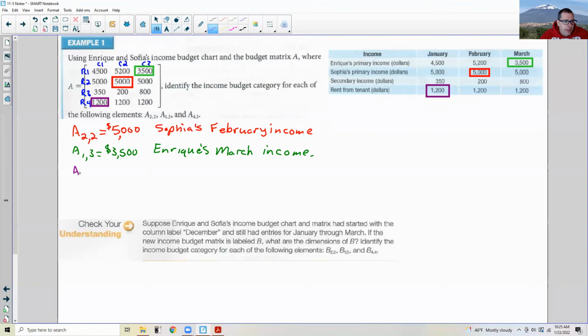And so A4 comma 1 equals $1,200, and that is rent from their tenants in January. So I'll put January tenant rent.